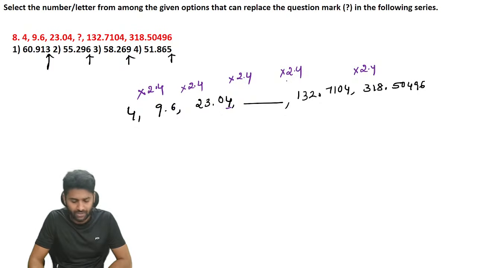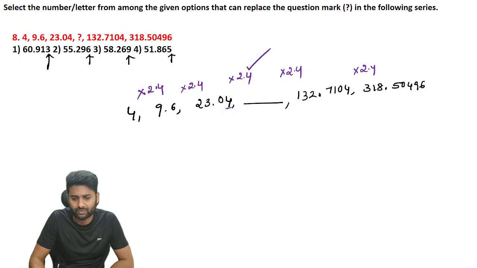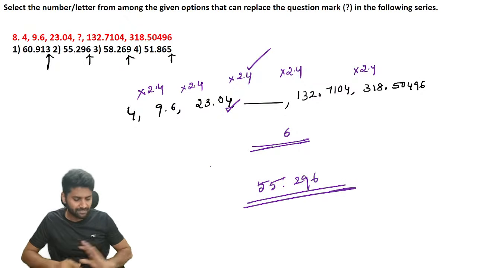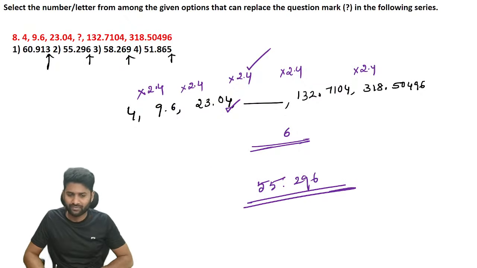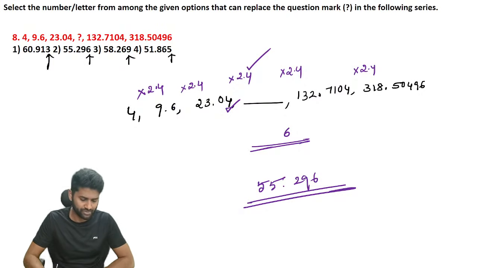Now, as you know that units places are completely different, just go through the units place position. If 4 is multiplied with 4, definitely the units place value is 6. If you check the options here, we have the option 55.296, which is the correct answer. If it is the same, definitely you have to go through that simplification part. If it is not the same, don't go through the entire multiplication. It's time consuming. Just identify the units place and choose the option.